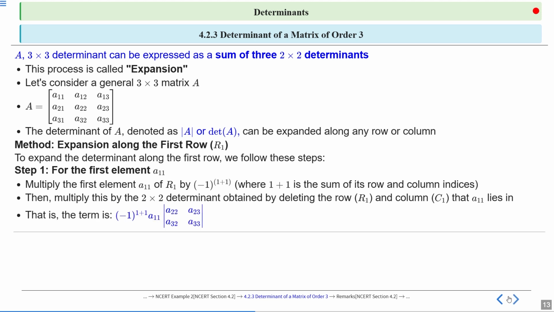So the term is -1 to the power 1 plus 1 into A11, and then the determinant of the matrix that we obtain by deleting the first row and first column.